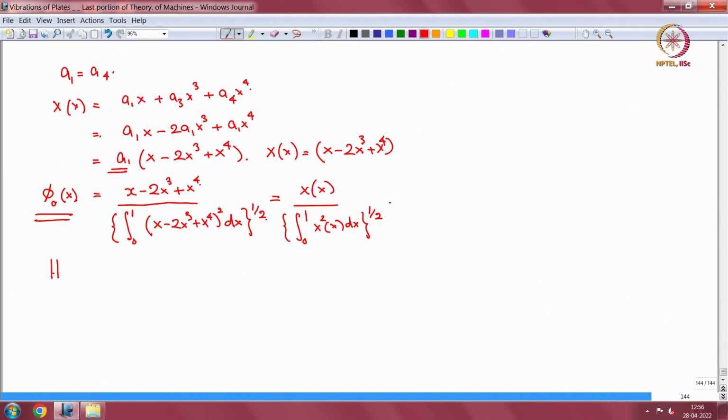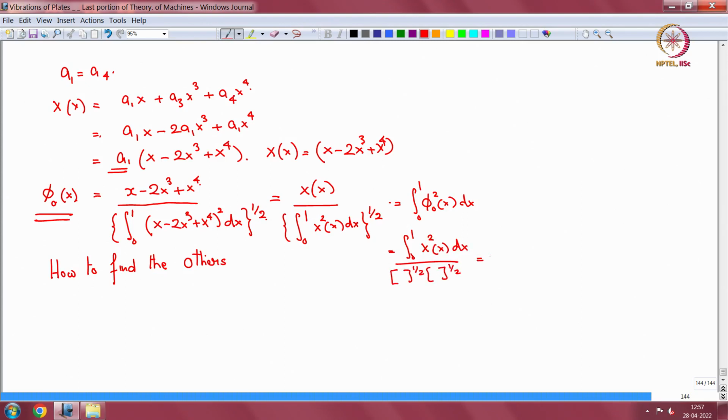So, how to find the others? You can see that integral 0 to 1 phi 0 square of x dx is equal to integral 0 to 1 x square of x dx by this square root into the same thing's square root, which is equal to 1.